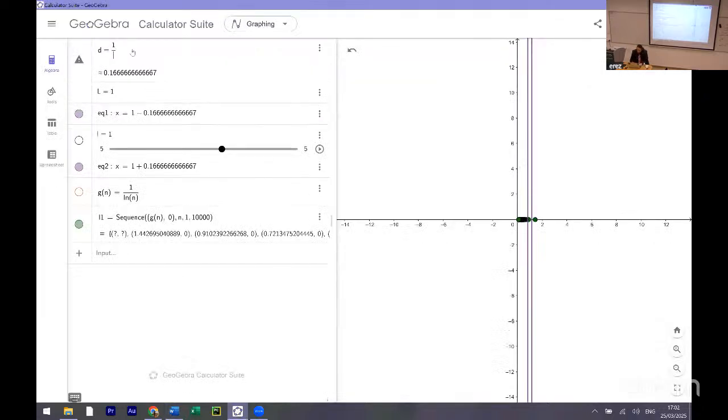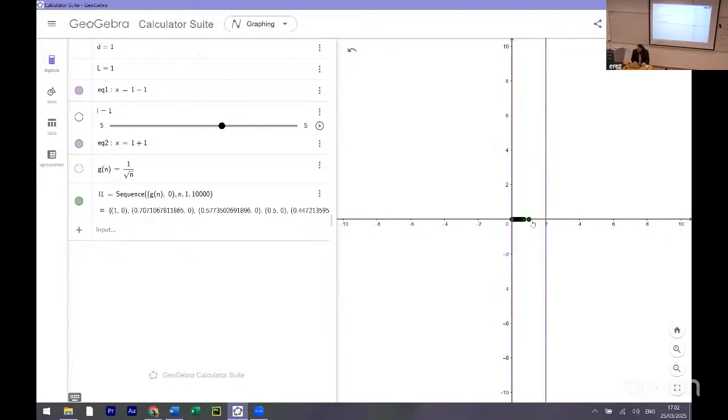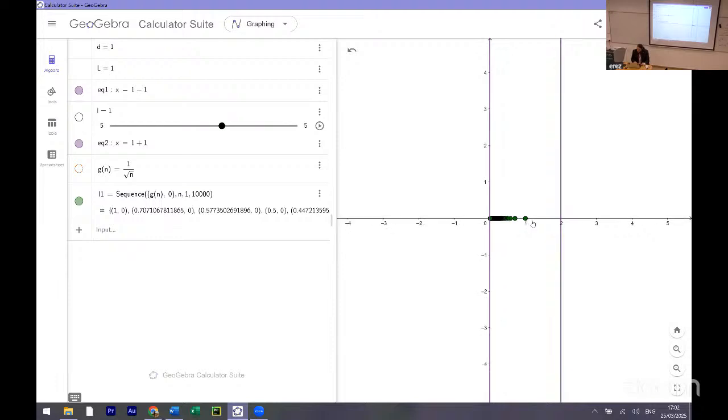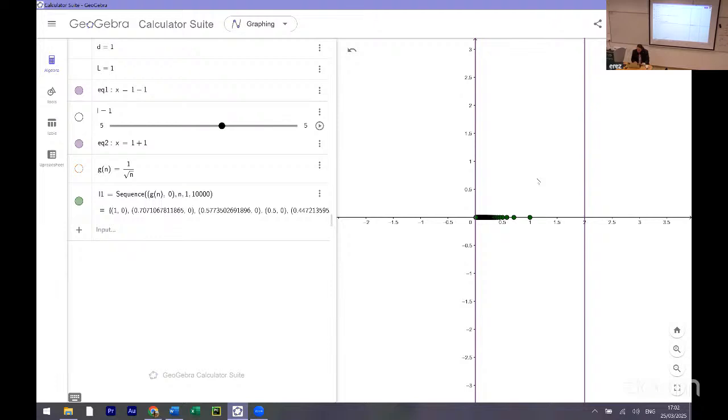Let's take the epsilon to be 1, and the sequence is 1 over the square root of n. Is it true that the sequence is within these bounds? Yes. But why are they within the bounds? Not because we have the right limit. It's because we took a large area.